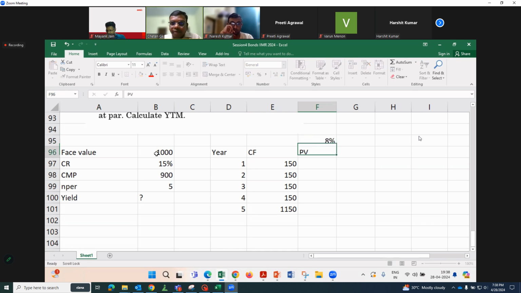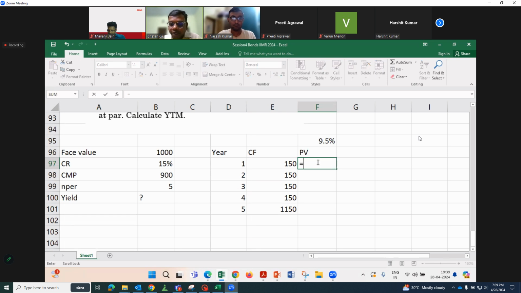So assume that 8% is the YTM. Don't ask me, sir, how you got 8%. You tell me if it is 13%. If you feel that it is 13%, let me take 13%. Or if you say 9.5%, sir, you take 9.5%. You can take any positive number here, and let us solve.